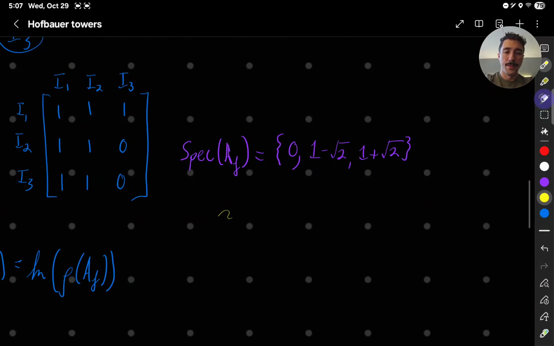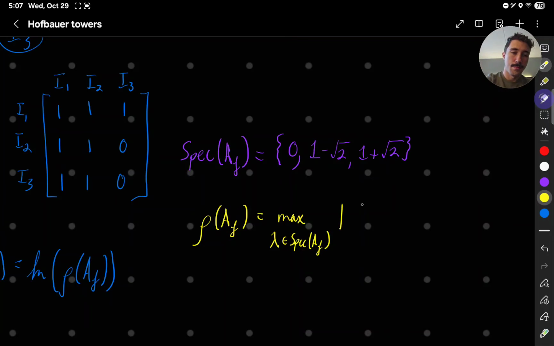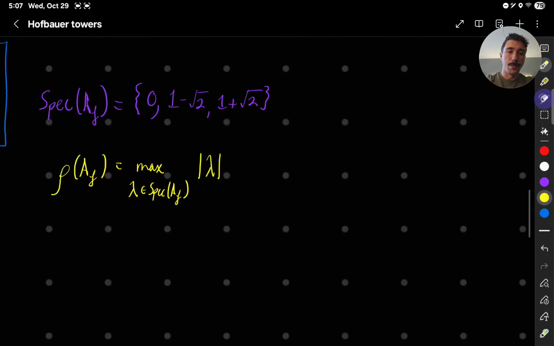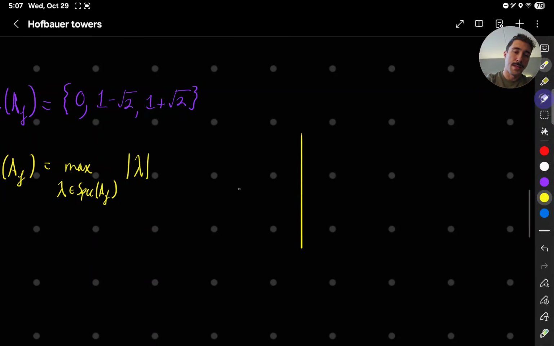And the spectral radius of AF is the maximum among eigenvalues in the spectrum of moduli. So the modulus of the eigenvalue, because you could have a complex eigenvalue. So, you look at the complex plane, you plot your eigenvalues.